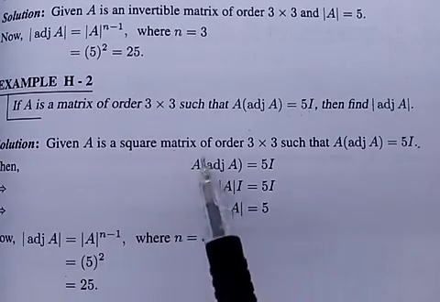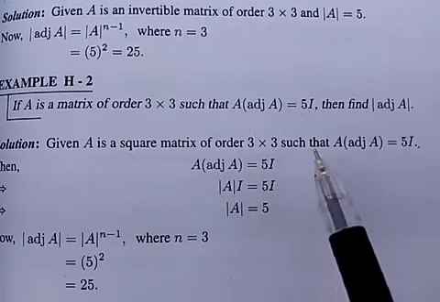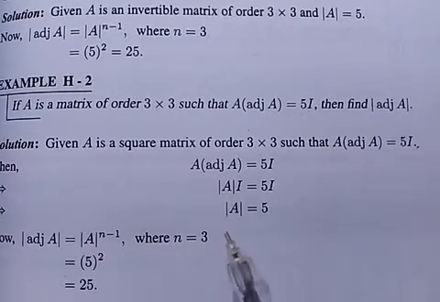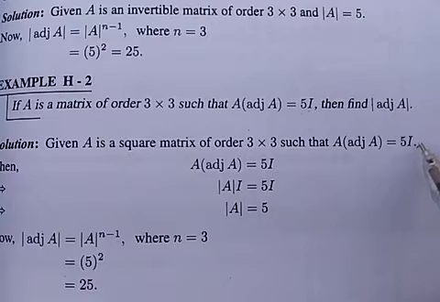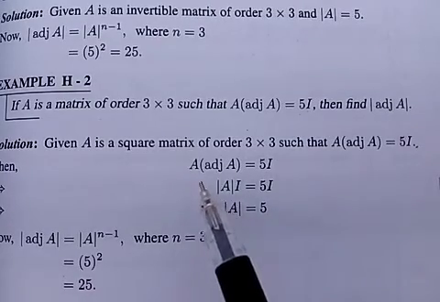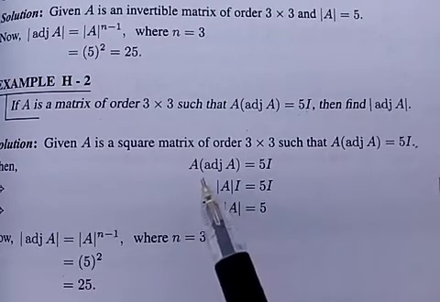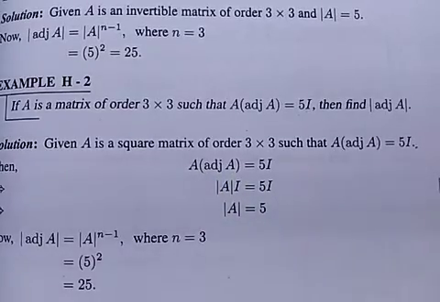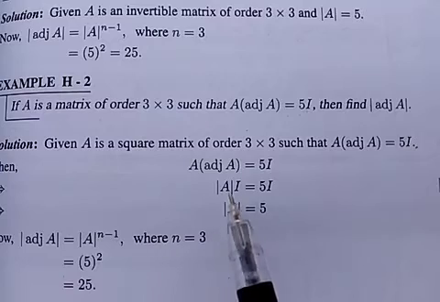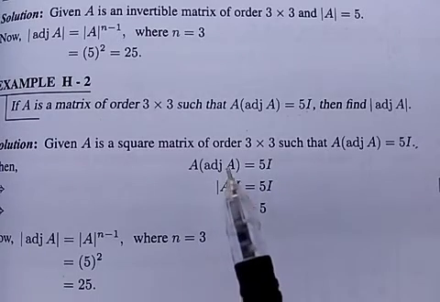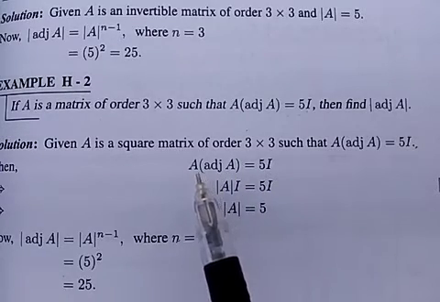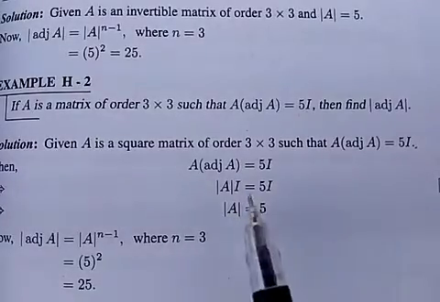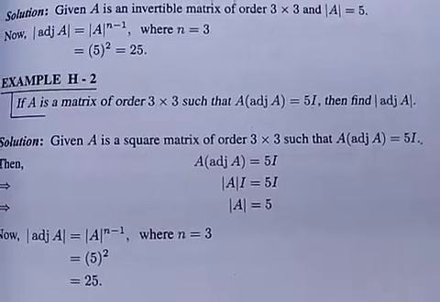Given A is a square matrix of order 3 by 3 such that A into adjoint of A equal to 5I, where I is identity matrix. We can write A into adjoint of A equal to determinant of A into I. Applying adjoint property, determinant of A equal to 5, and I we can remove here.